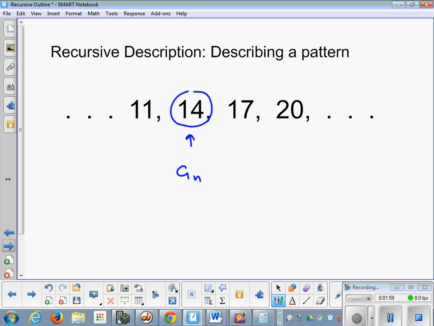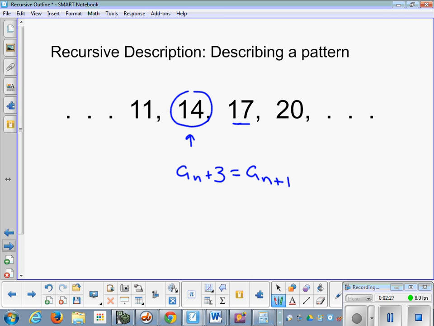It's pretty obvious to me that this pattern says if I want to get to 17, which is the next term, I need to take this nth term and add 3. Adding 3 to the nth term will give me the next term.